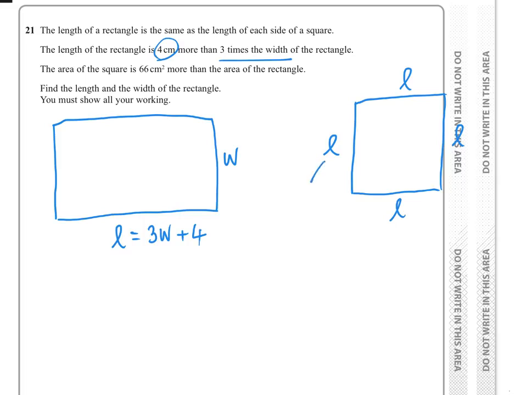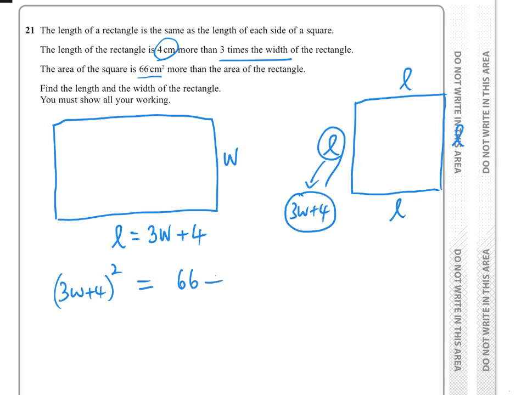And that will be 3w plus 4 as well, because they're the same. And it says the area of the square, so that means 3w plus 4 all squared, because that's the value of L, the length of the square, is 66 centimetres more than the area of the rectangle.